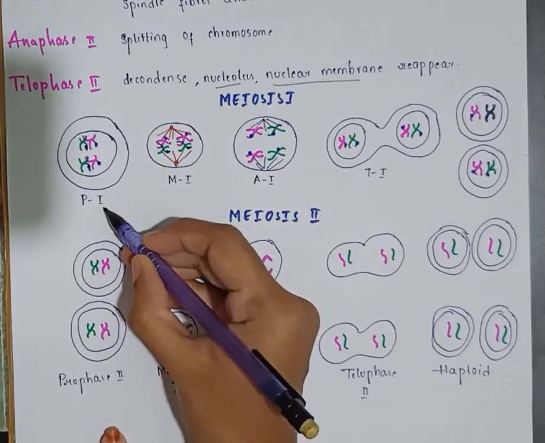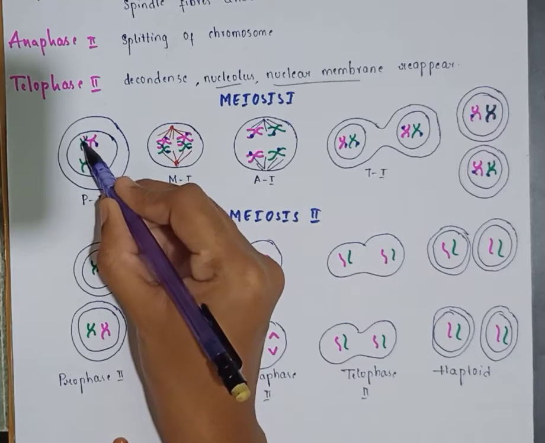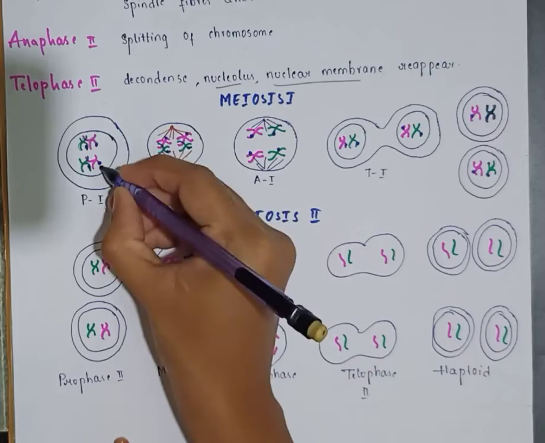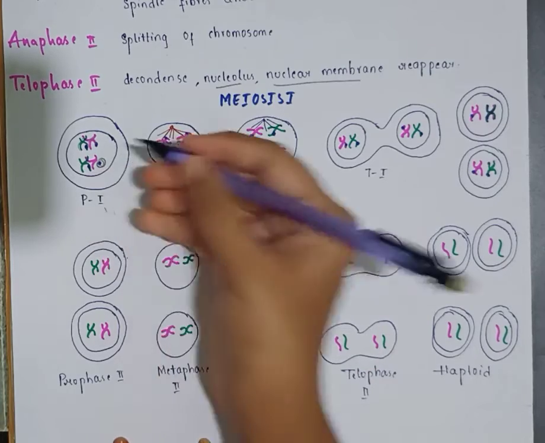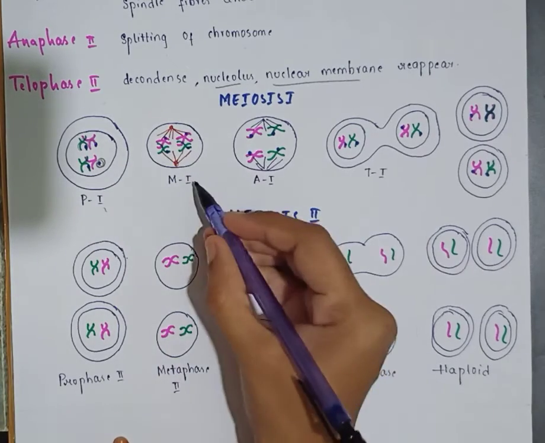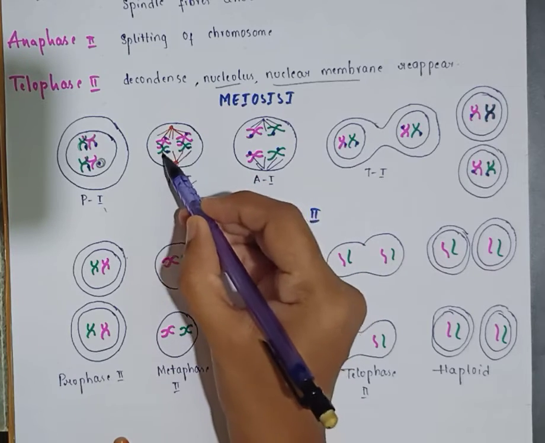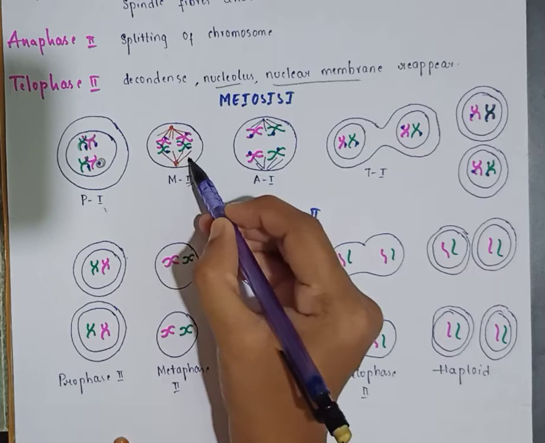See here, in prophase 1, these homologous chromosomes get attached, and this part is the exchanged part of the other chromosome. During metaphase, the chromosomes lie in the equatorial plane and the spindle fibers are attached to the chromosomes.